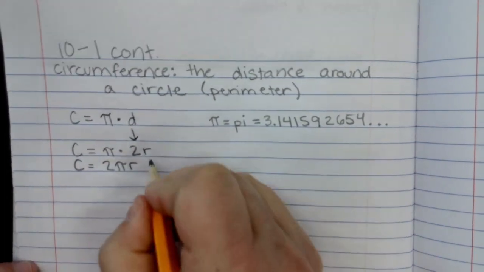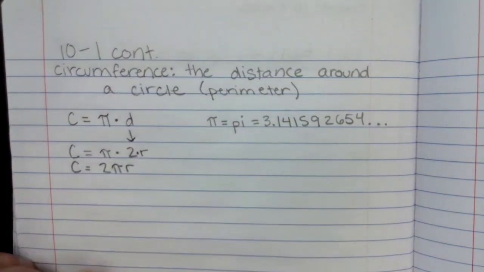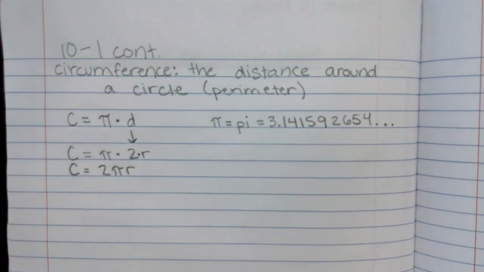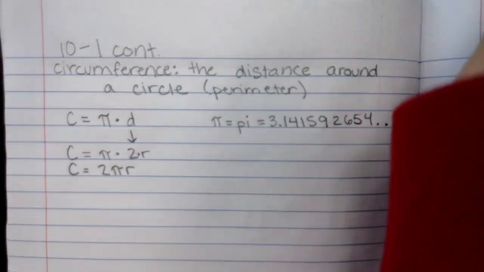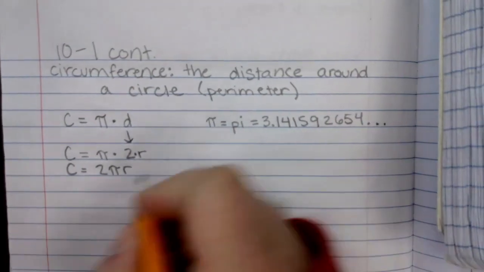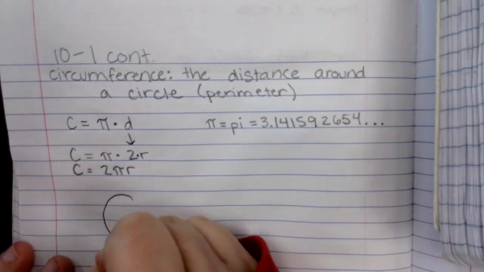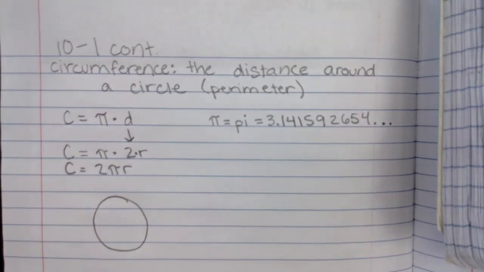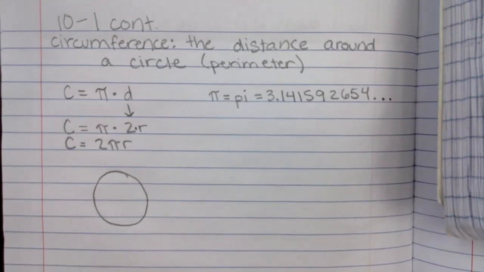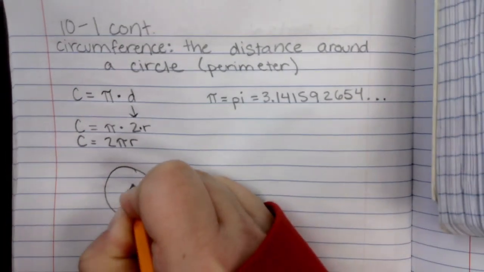So the biggest thing with these circumference problems is figuring out which formula to use. Are we going to use pi times diameter, or 2 pi times the radius? If I have a circle here, do your best to draw your best circle there. And this is labeled 13 centimeters.